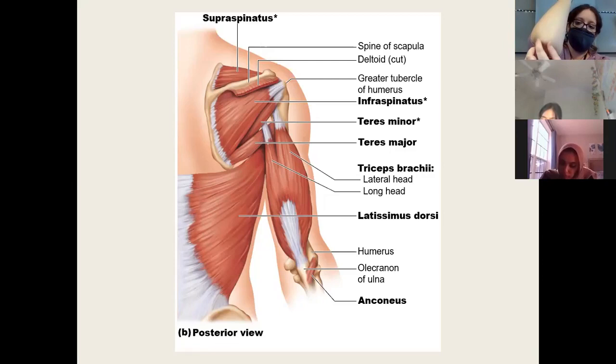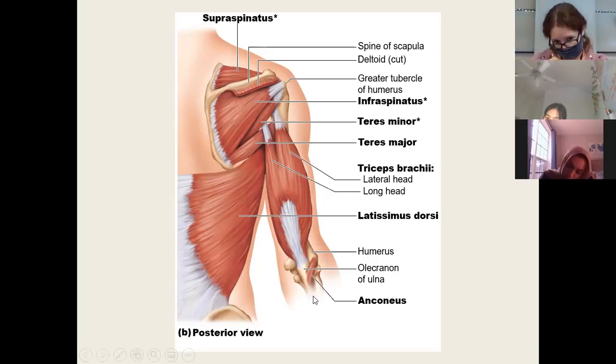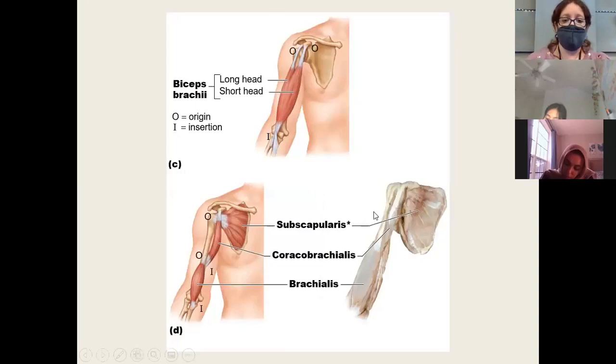And that's why hitting the elbow is so sensitive, which means it's also a relatively loose joint. And so the anconeus, you'll see, is connecting, what are we looking at? The radius and the humerus. I want to say that's the radius. Maybe I'm crazy. And here's more of the same.